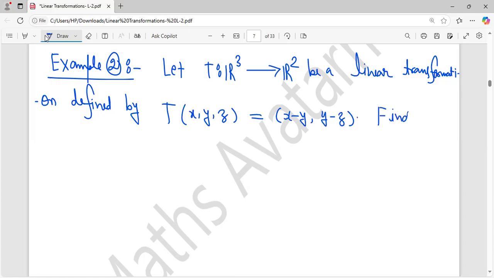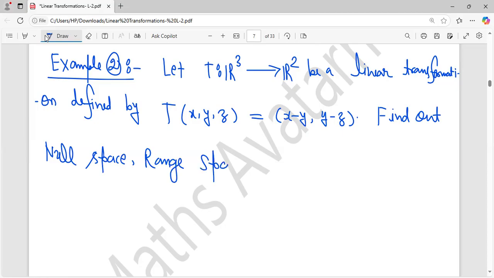Find out the null space, range space, nullity, and rank of T.